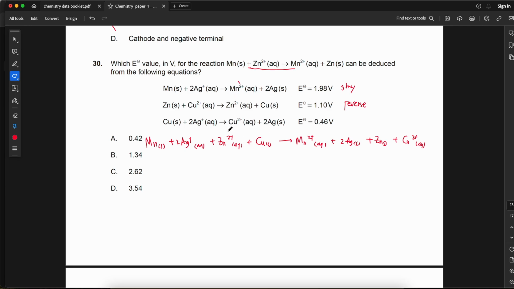So we subtract the first and then the third. That would be Mn(s) and 2Ag+ aqueous. So we copy it again: Zn2+ aqueous and Cu solid. It will be minus Cu solid, and 2Ag+ produce Cu2+ aqueous plus 2Ag solid.